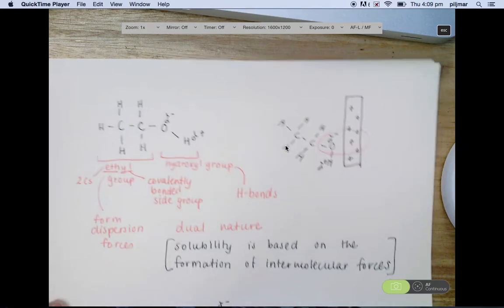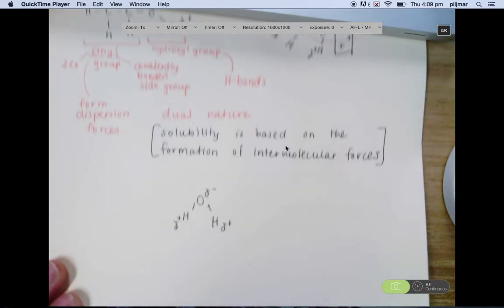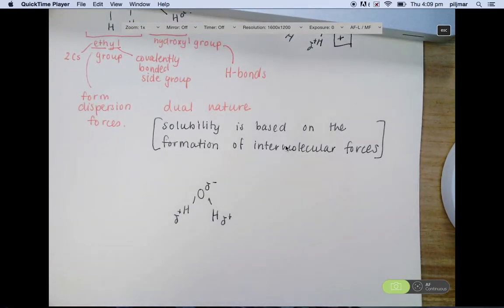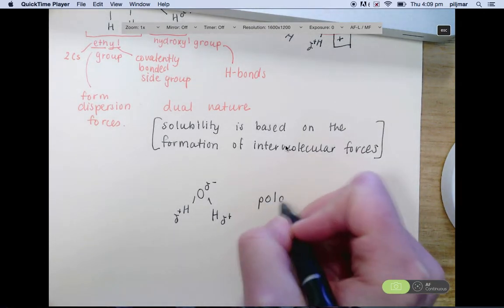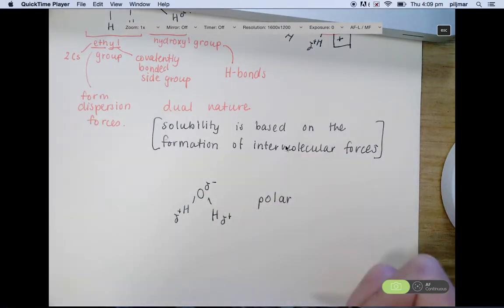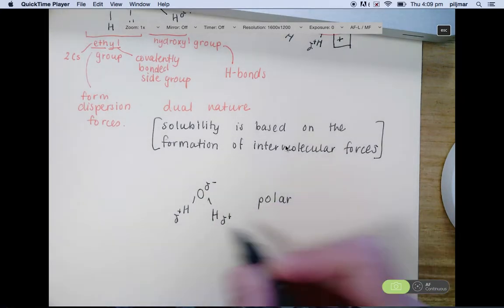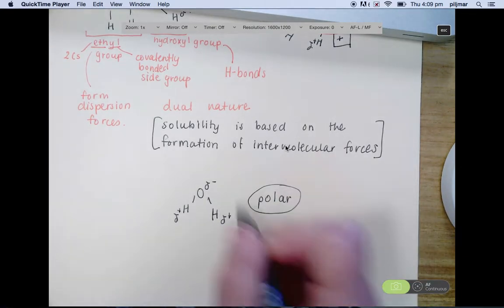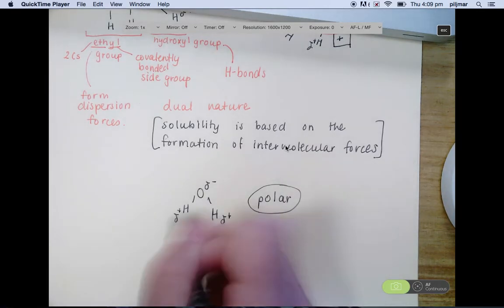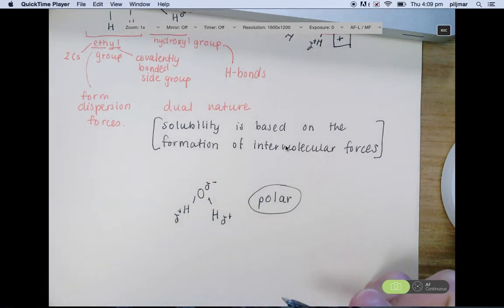If we look at our universal solvent, which is water, we know that it is only polar in nature. It's got two OH bonds between the oxygen and the two hydrogens. The only possibility is for water to be polar. It's got one side that's delta negative and one side that's delta positive where the hydrogens are.